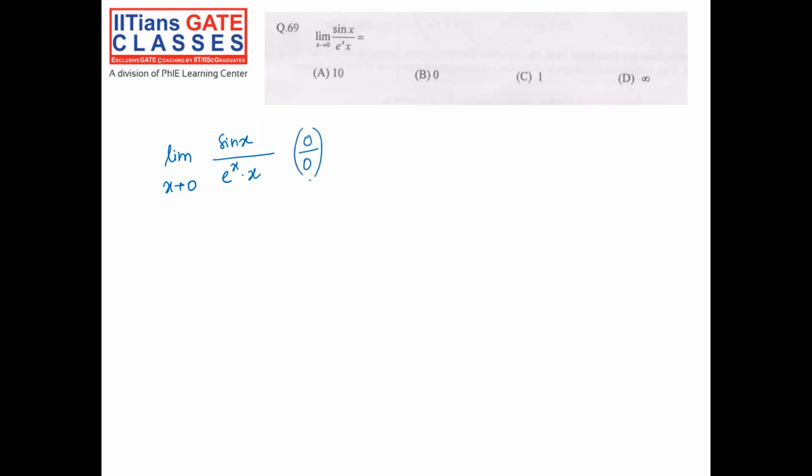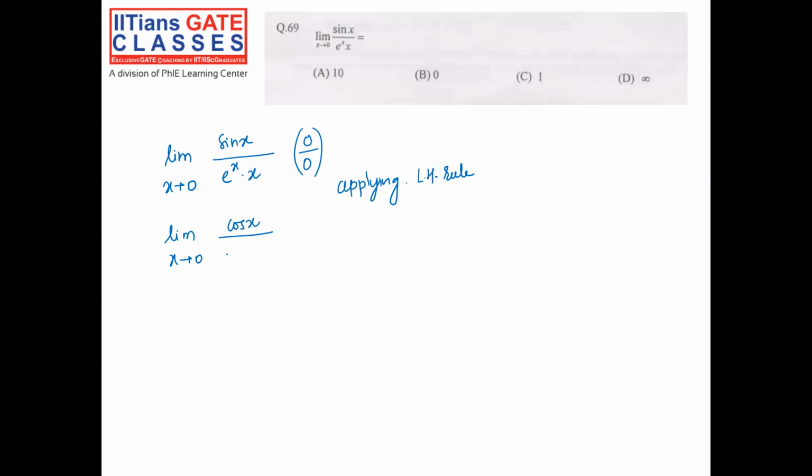Whenever we have limits in the 0 by 0 form, we apply L'Hospital rule. After applying L'Hospital rule, the numerator will become cos of x, and for the denominator you will use the u into v formula.